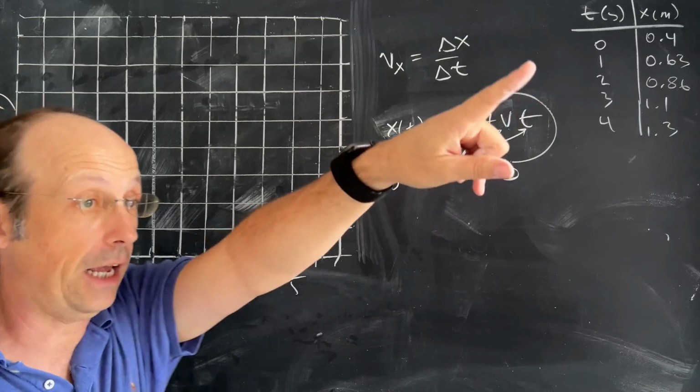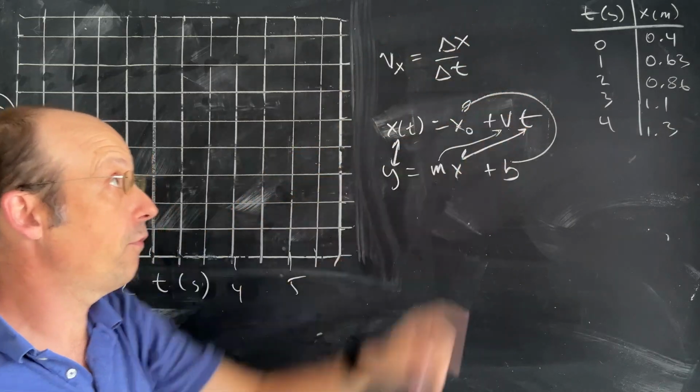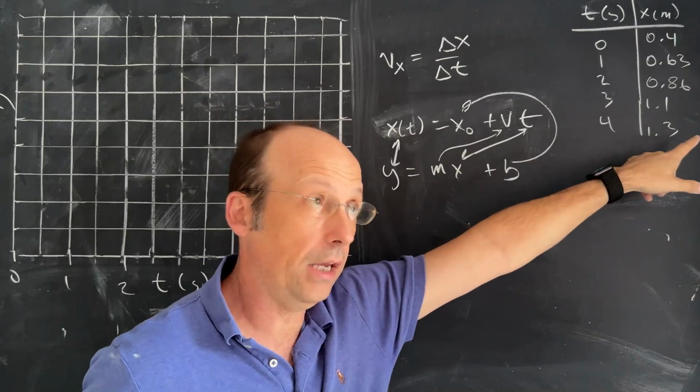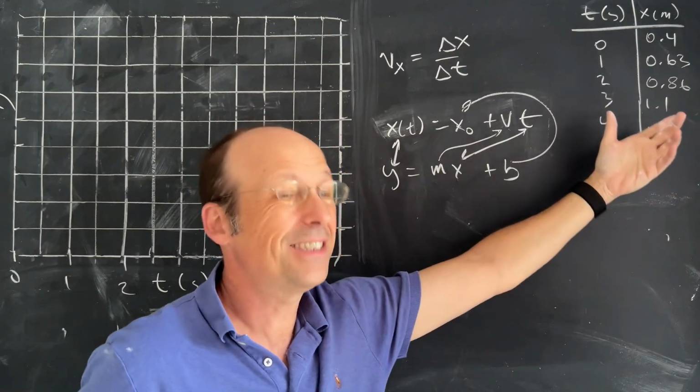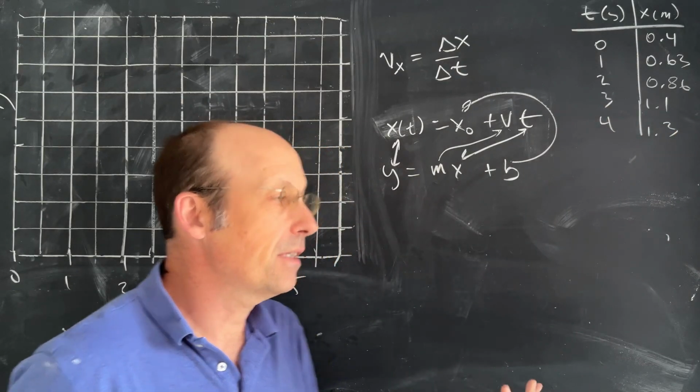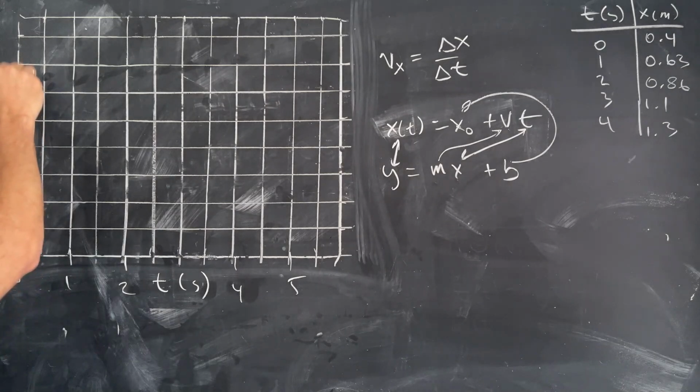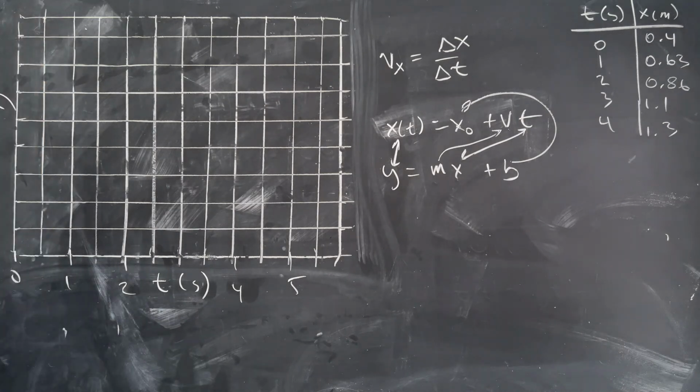Now for x, I'm starting at 0.4, and it goes to 1.3. So I need essentially 10 increments. So let's say 1, 2, 3, 4, 5, 6, 7, 8, 9. Oh, it's so close. I think we can do it.